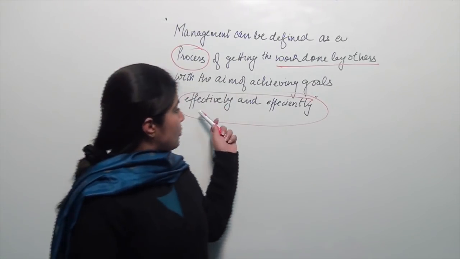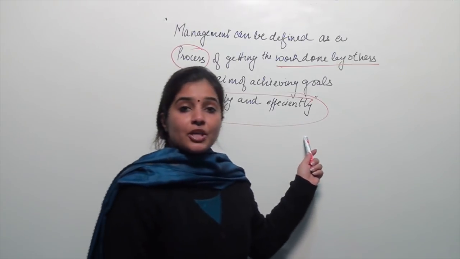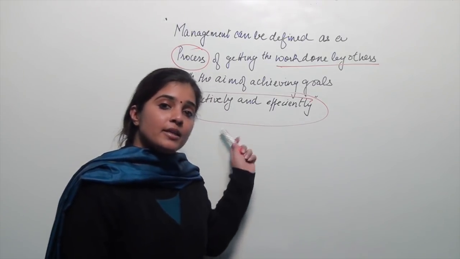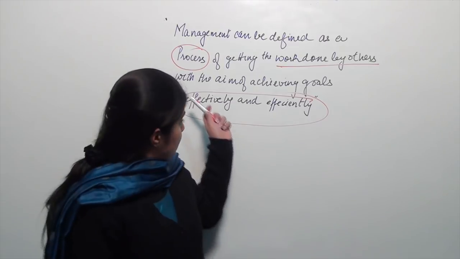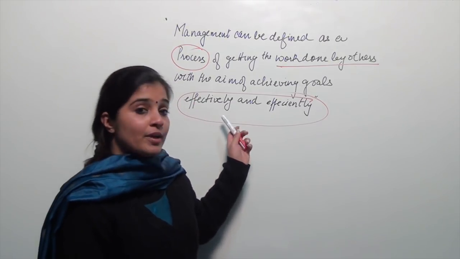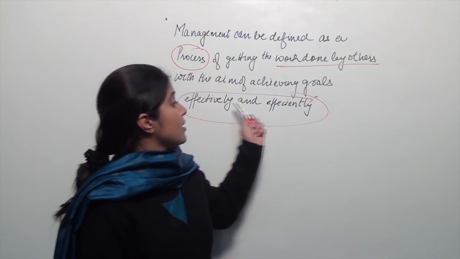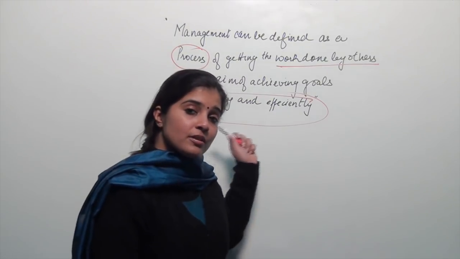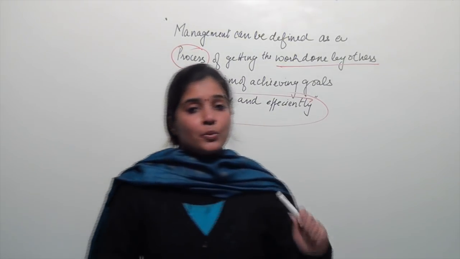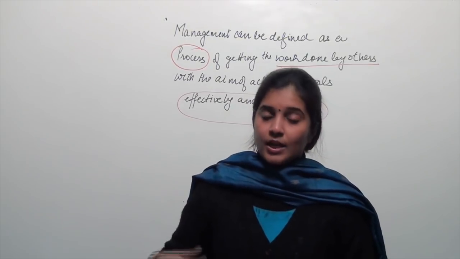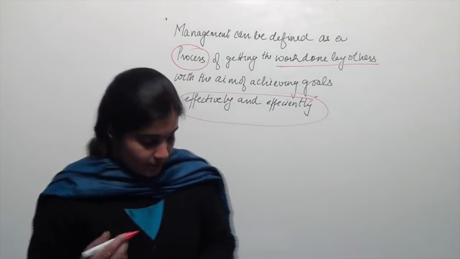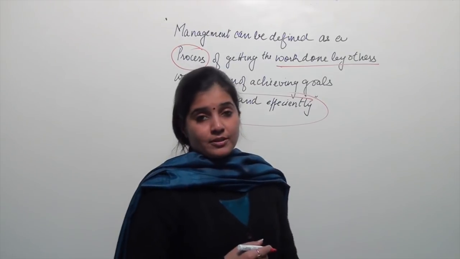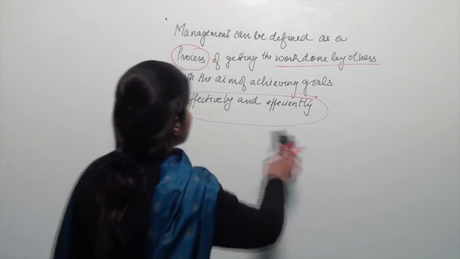So both effectiveness and efficiency complement each other. Neither too much stress has to be laid on effectiveness nor efficiency. There has to be just the right amount of balance between the two. Now coming to the different steps in the process of management.